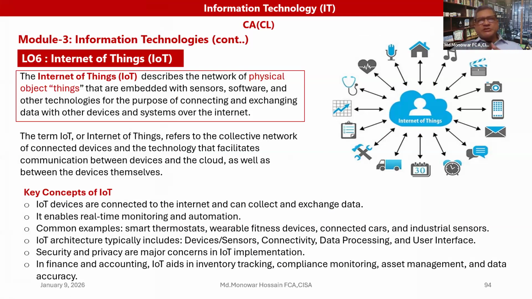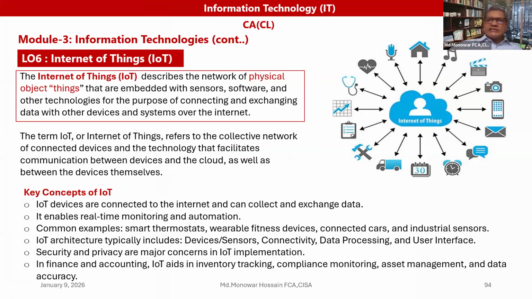This describes the network of physical objects, that means things, that are embedded with sensors, software, and other technologies for the purpose of connecting and exchanging data with other devices and systems over the internet. For example, our fingerprint punch, everything, all are IoT.